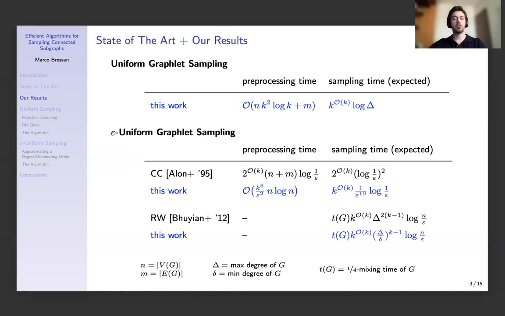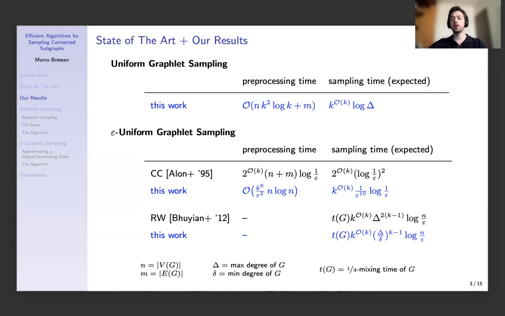Our second contribution for the epsilon uniform graphlet sampling is to provide tight bounds for the running time of the random walk approach. We show that the mixing time of the random walks can be expressed as follows. It is the mixing time of the graph G times the ratio between the largest and the smallest degree of G, big delta over small delta, to the power of k-1.